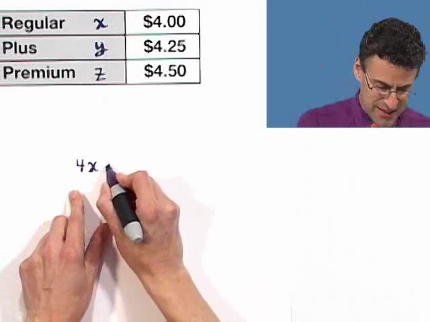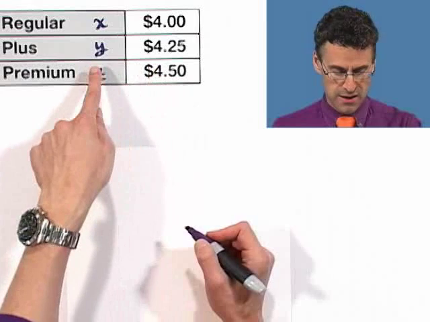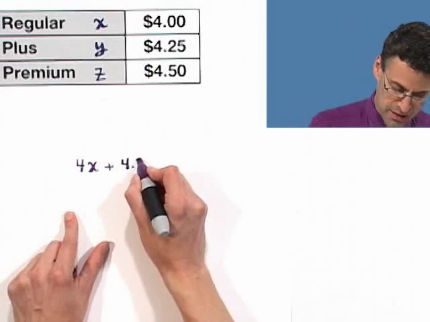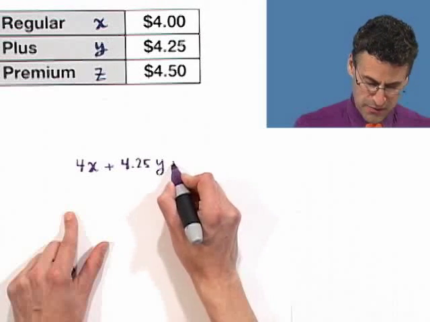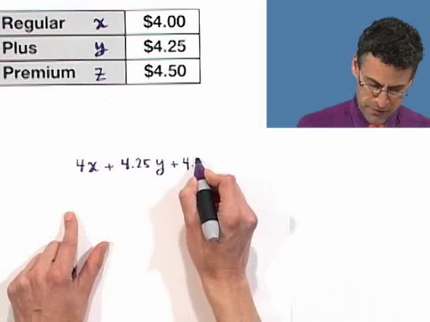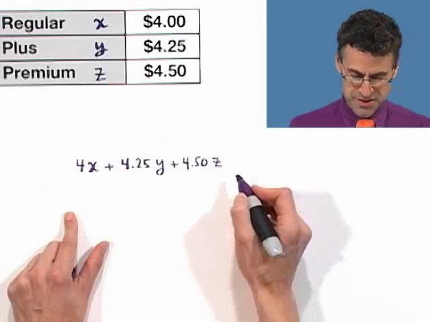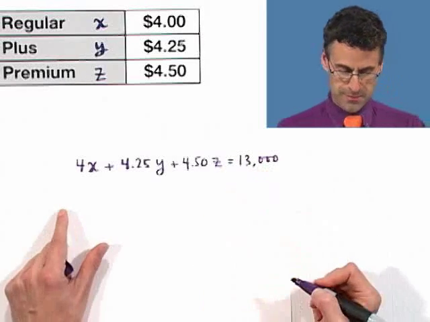And then we have to add to that the amount generated by the plus gas, which in this case is going to be the amount sold, Y, times the price, which is 4.25. And then finally the price, $4.50, of the premium times the amount sold, the premium, which is Z, and that equals 13,000, and these are dollars here.